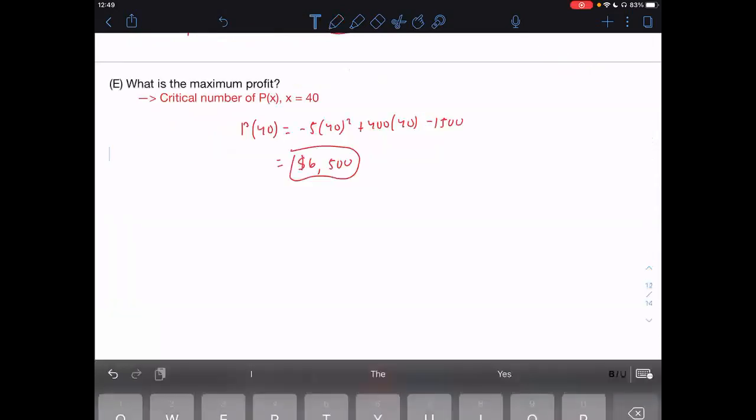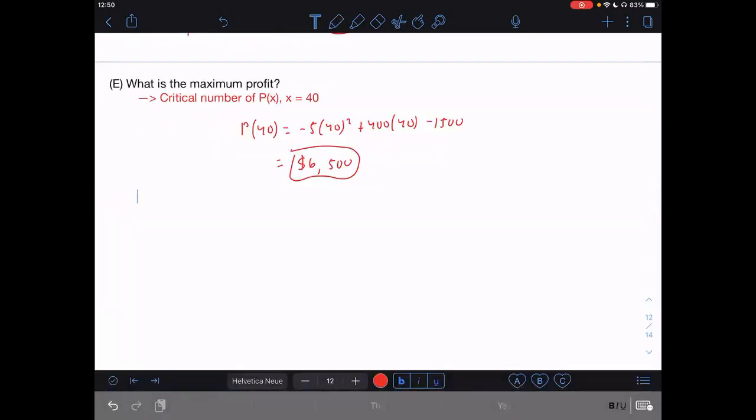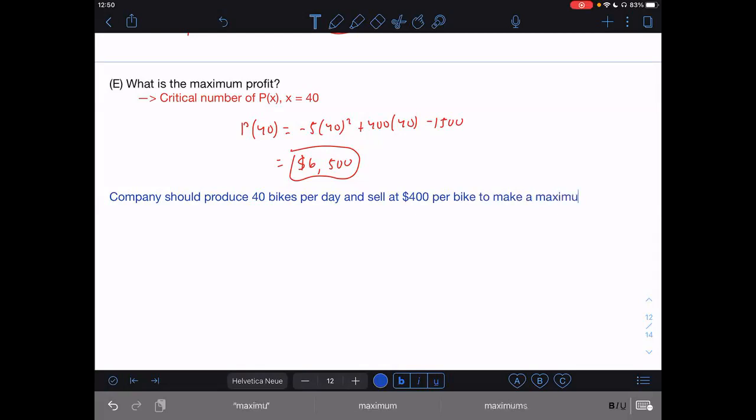Okay, so let's summarize what we found here then. Based on what we found from our optimal values, the company that we're dealing with should make 40 bikes per day and sell these bikes at a price of $400 per bike to make a maximum profit of $6,500 per day.